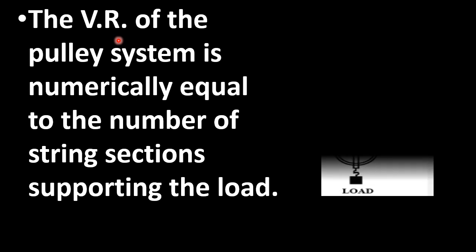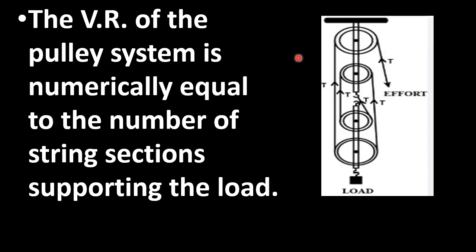All right. So if you look at this pulley system here, without calculation, you see it has 1, 2, 3, 4. All right, 4 parts. The system has 4 sections of strings. So that means its mechanical advantage is 4.